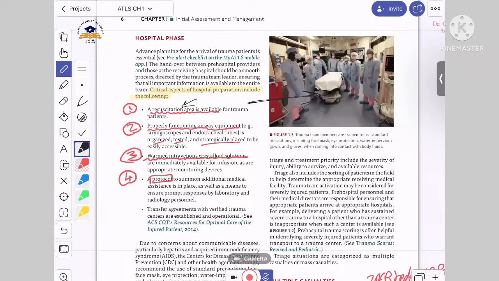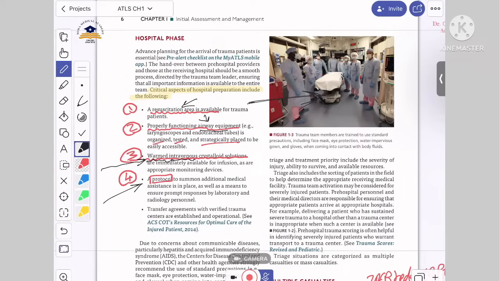Second, you have to be sure of airway equipment. Third, you have to have warmed IV fluid. This is very important in a trauma patient. You have to be sure that you have a warmed intravenous crystalloid solution, and you have to follow the protocol of your hospital in managing trauma patients.